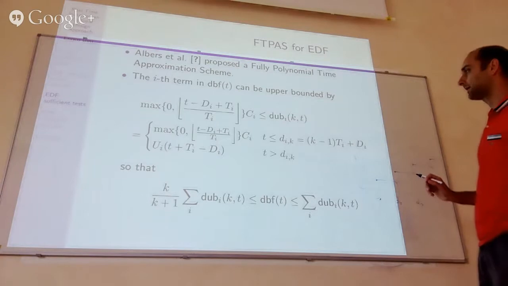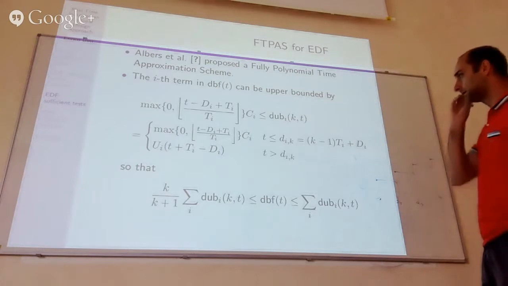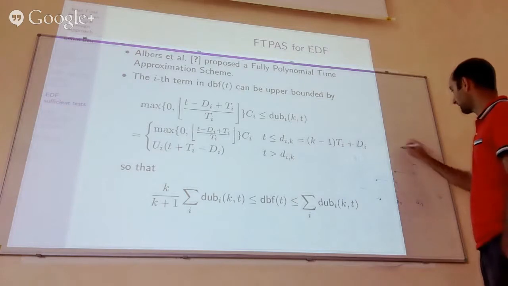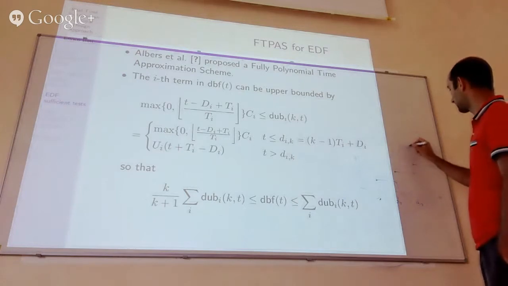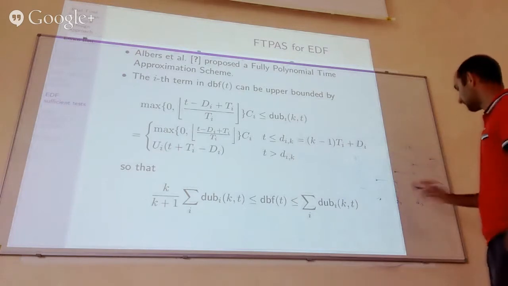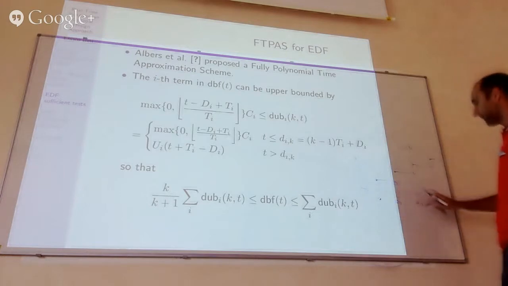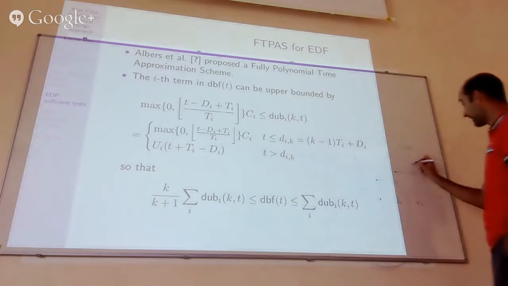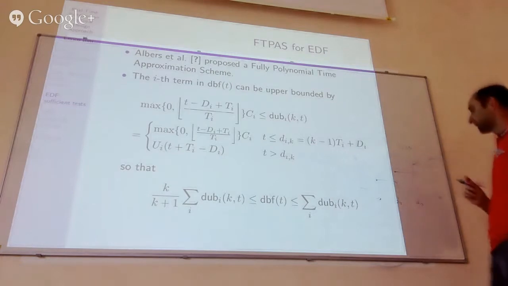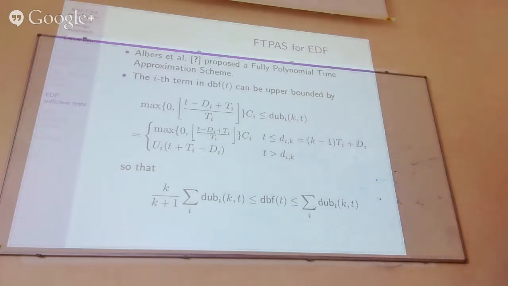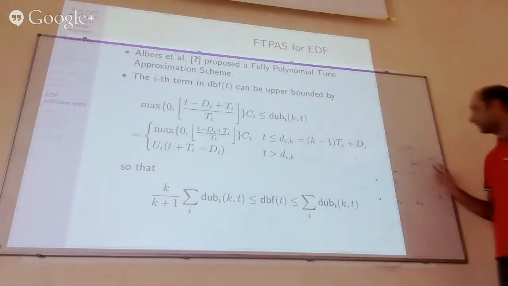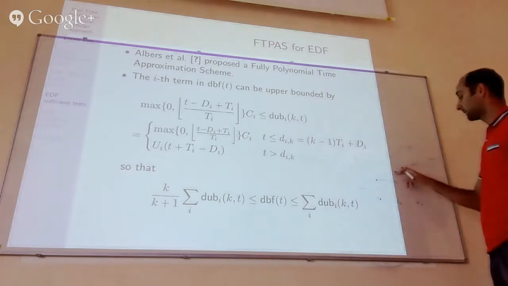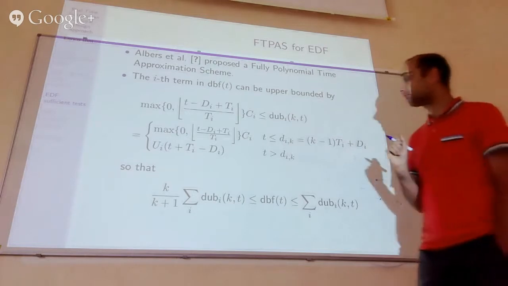Basically it considers the exact DBF. Let's say I do the example with k equal to 3. With k equal to 3, it considers the exact DBF up to the deadline di3. Then, from this point on, it approximates with the linear function. So it is a function of k, because depending on k, it starts from here, here, here, and so on.